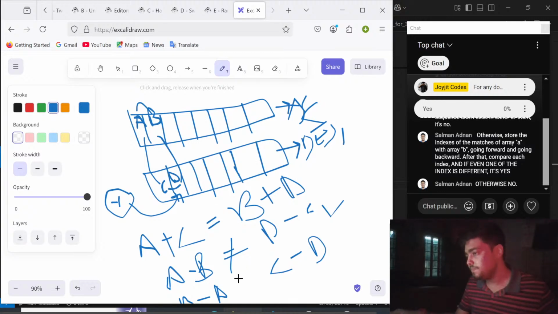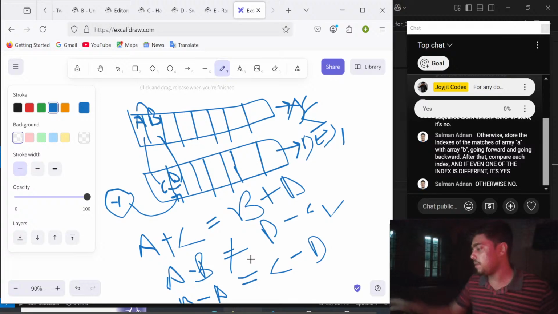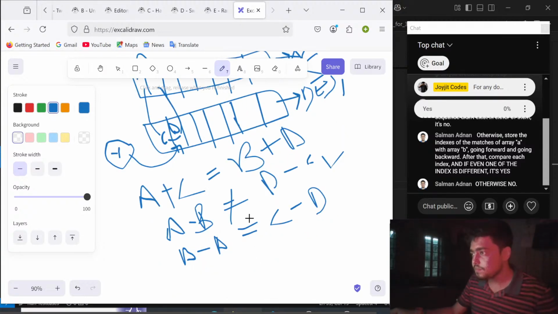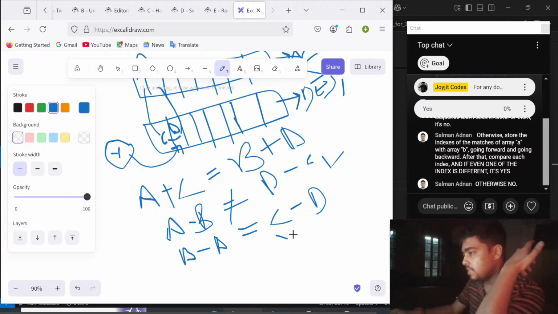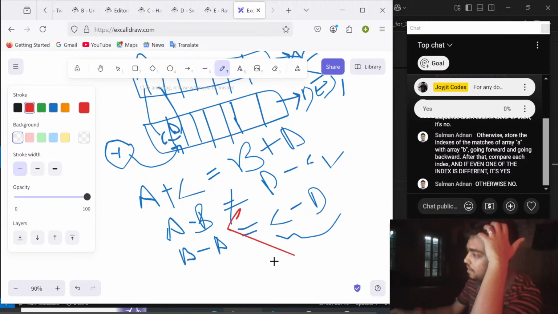Now if both of them are equal, we know we can move on to the next part. But if both of them are not equal, then we have to think of something else, that is, to make them equal. So let's say this is greater. I'll use a different color. If this is greater, which means that I have to put a number in between C and D. So I have to use a minus 1 and put a number in between them.